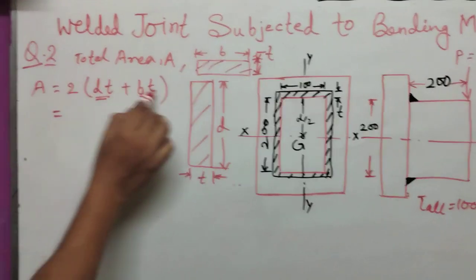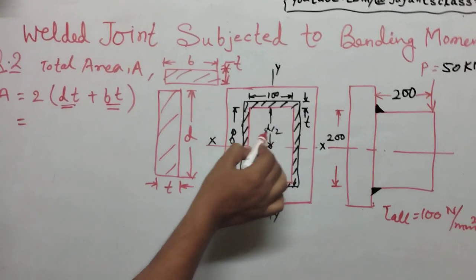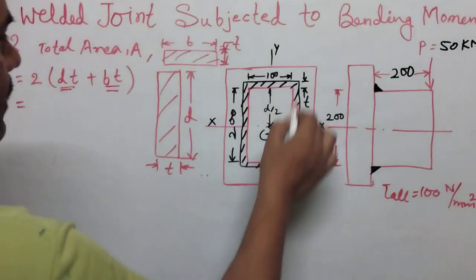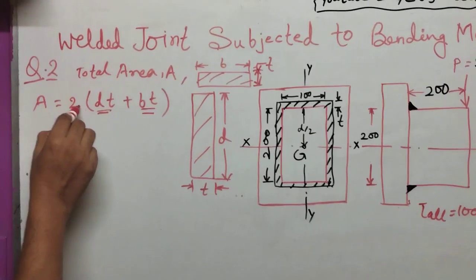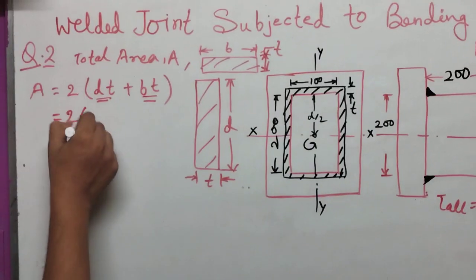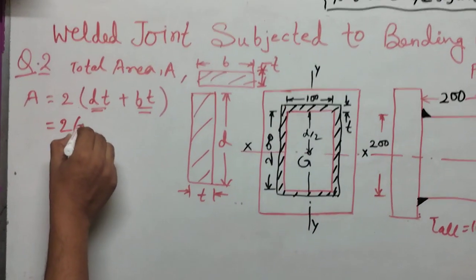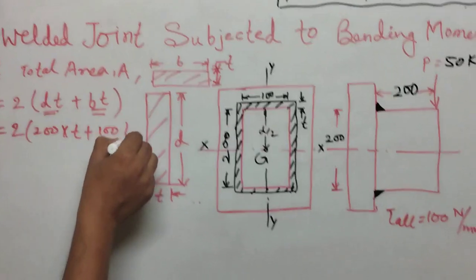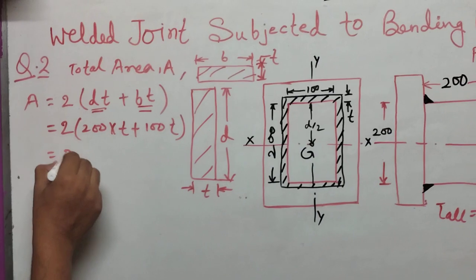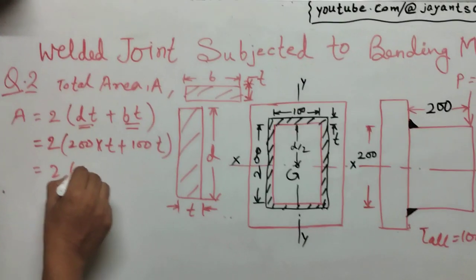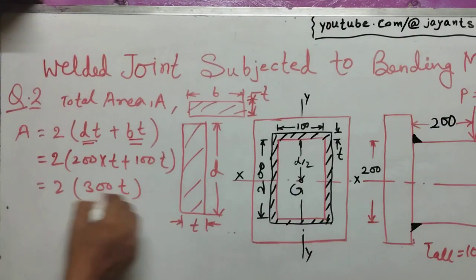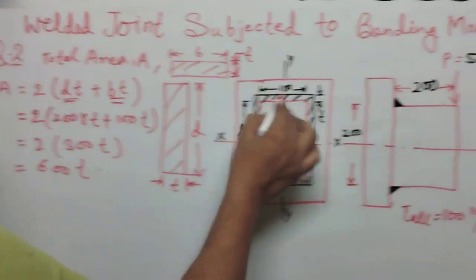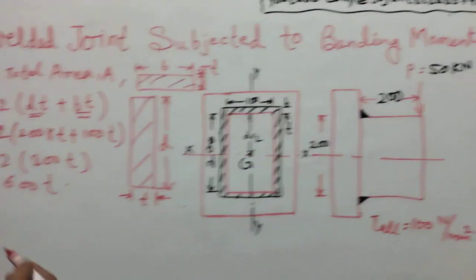There are two vertical and two horizontal rectangular sections, therefore multiplying by 2. So 2 into (200 T plus 100 T) equals 2 into 300 T, which is 600 T. This is the total fillet area.